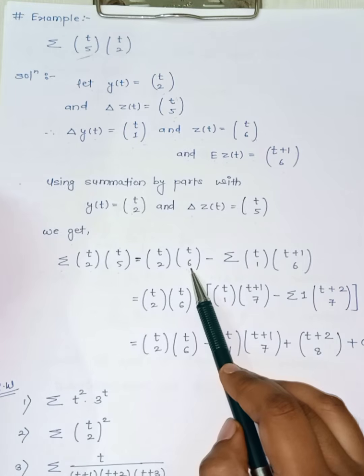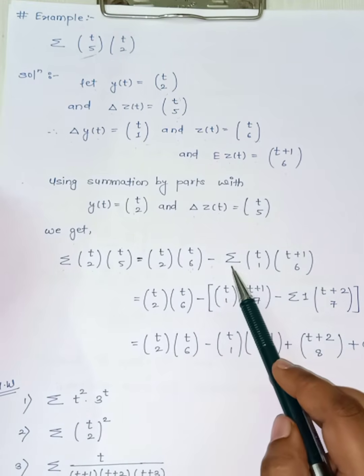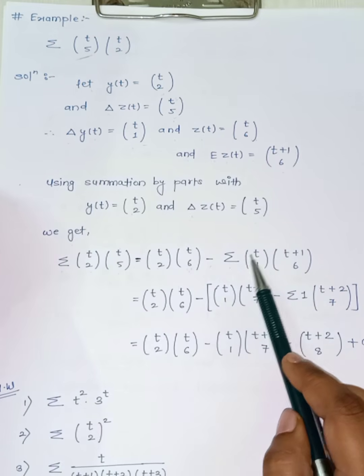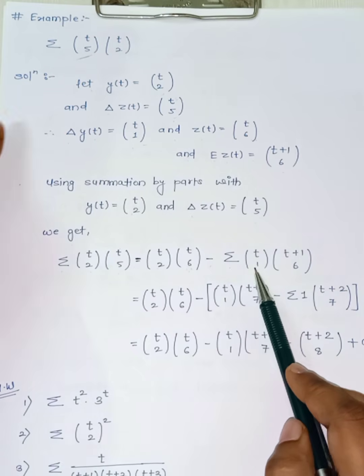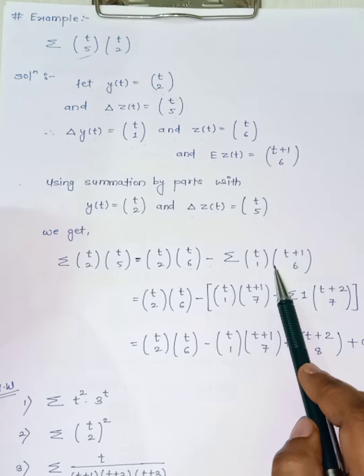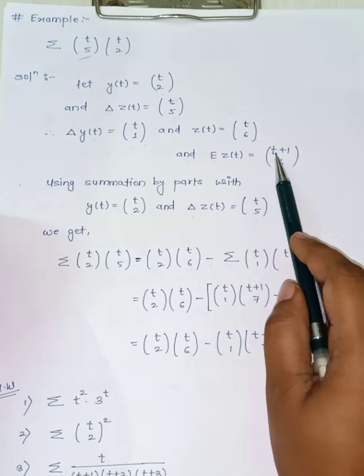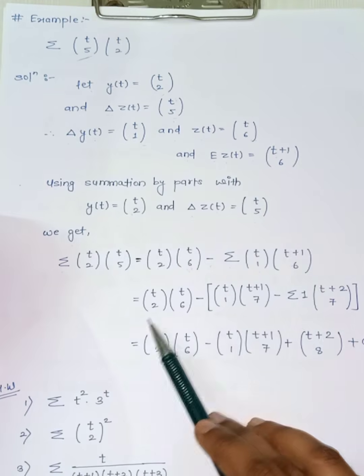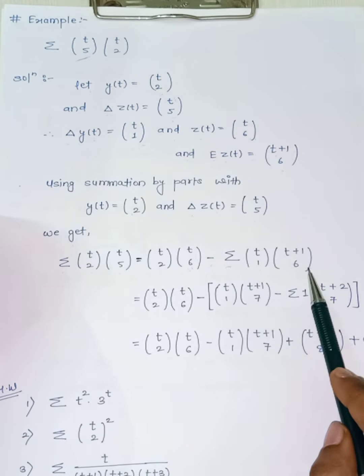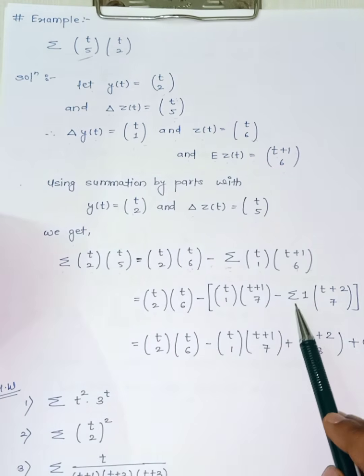What is this? It is z of t. Okay, minus summation over delta y of t, that is tc1, and e z of t, that is shift of z of t, that is t plus 1 c6. Then we are applying parts again on this.